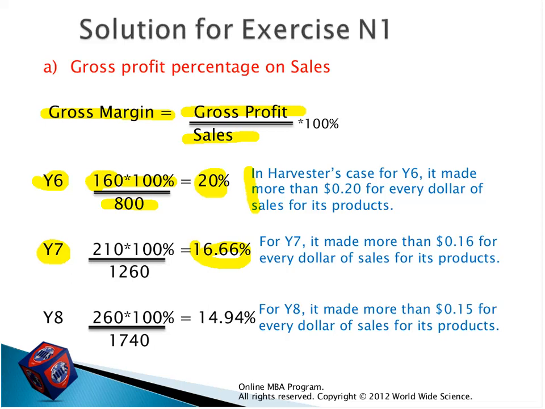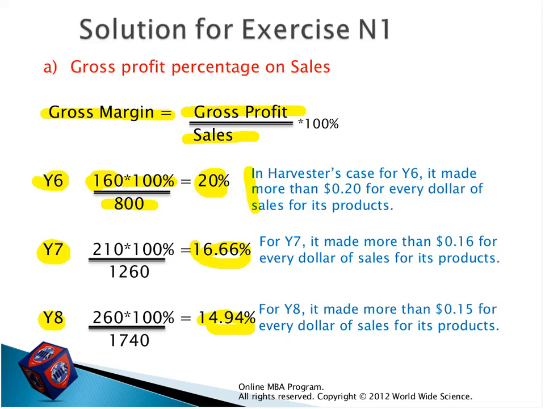You see? That means how profitable is the company? How much profit did the company make from its sales? And for year 8 it is around 15%. We have the results of our gross margins, and that means that for year 8, the company made about 15 cents for every dollar of sales of its products.